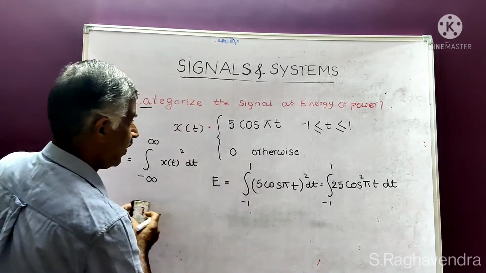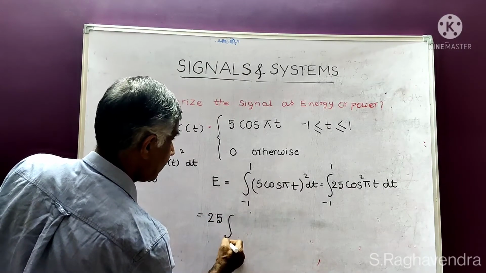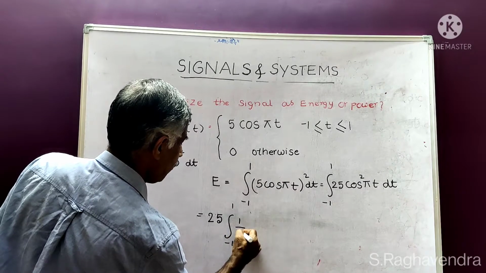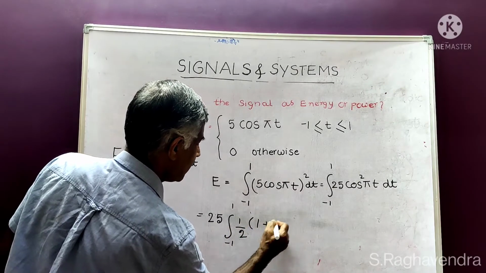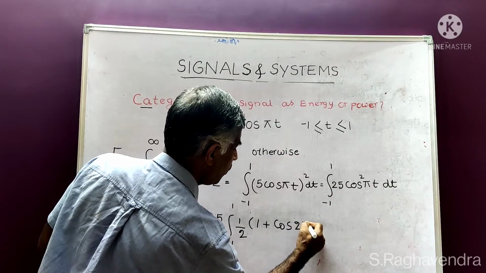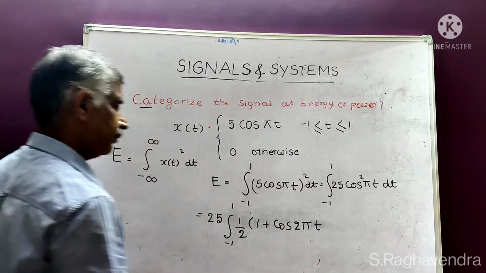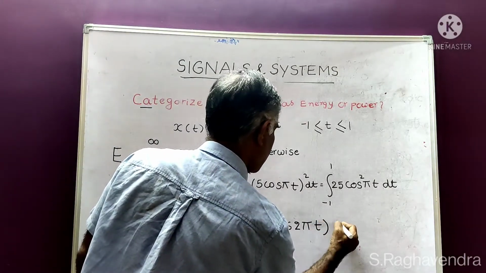On modifying, I will get 25 times half of 1 plus cos 2 theta, that is cos 2 pi t, dt.